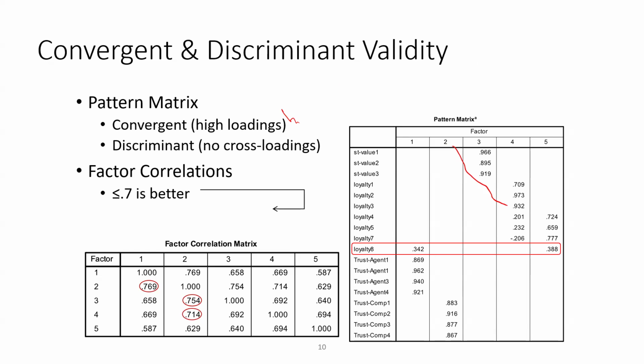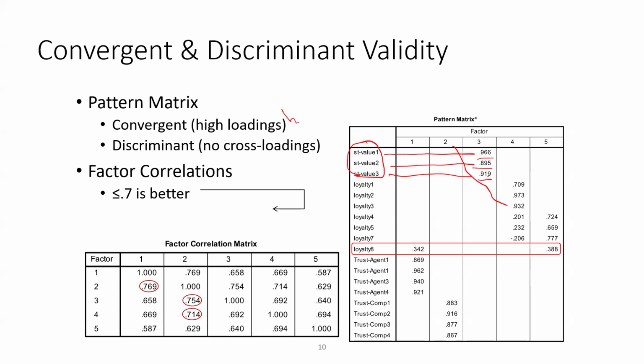If that is achieved, along with that, if you notice here, ST1 loaded onto ST, similarly ST2 also loaded onto ST. So all three loaded onto this particular factor, and all the loadings are greater than 0.5.